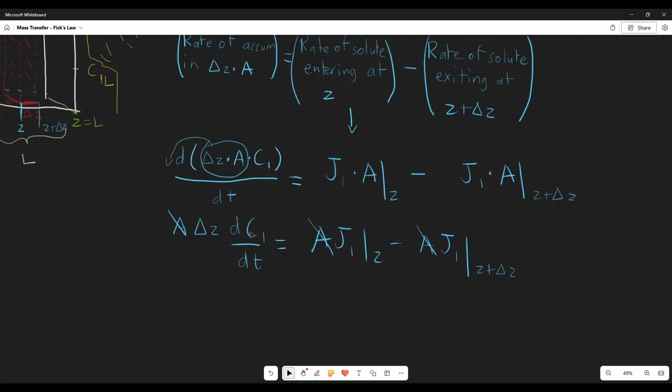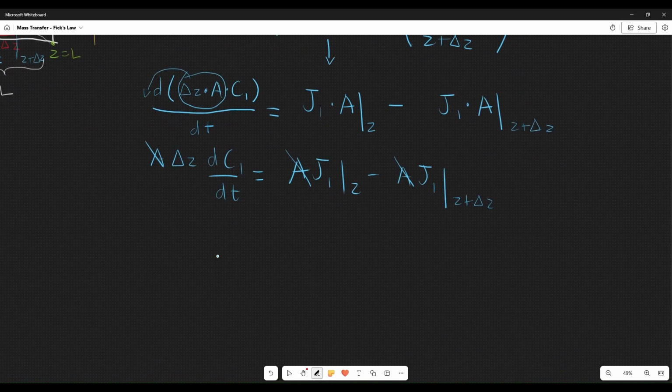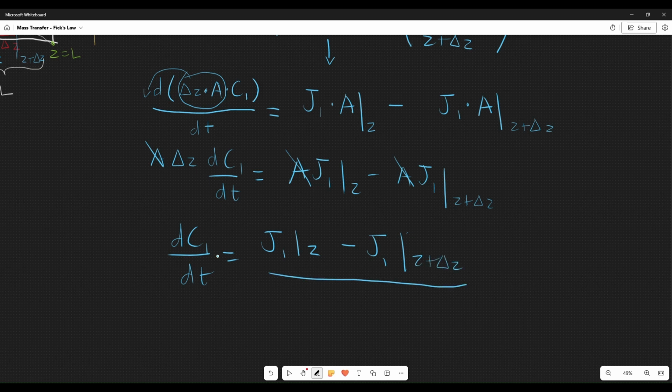We now have delta Z times the concentration gradient equivalent to J1 evaluated at Z minus J1 evaluated at Z plus delta Z. All right, so now we can divide both sides by delta Z. We get dC1 divided by dt is equivalent to J1 at Z minus J1 evaluated at Z plus delta Z, all of that divided by delta Z.